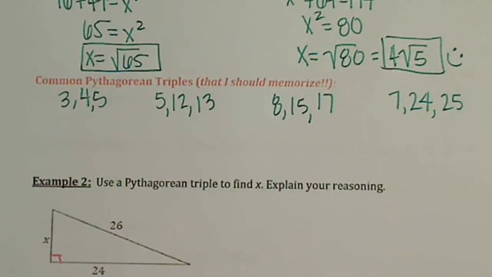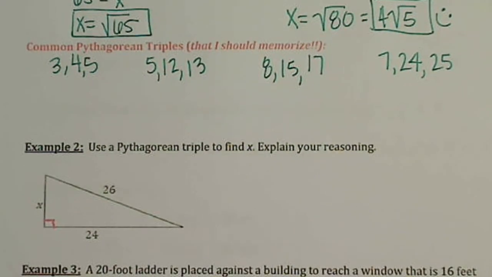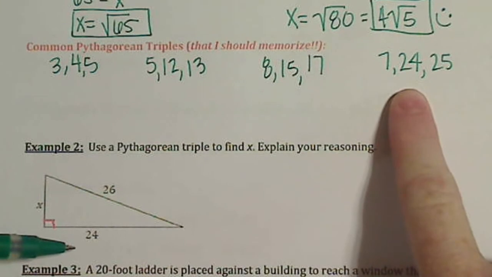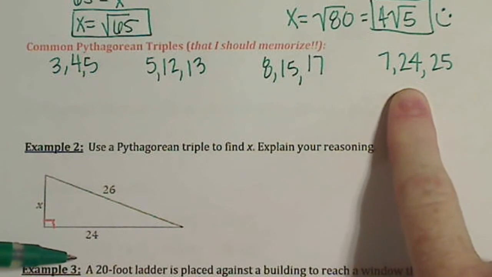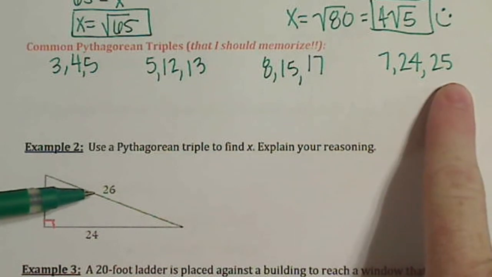Something like example 2. You're going to use the Pythagorean triple to find x. You're not even going to do the Pythagorean theorem. How cool is that? No math. Well, a tiny bit. Anyways, I'm going to look here and think to myself, okay, 24. Hey, that Pythagorean triple has 24 in it, but the hypotenuse is 26, and that's 25.